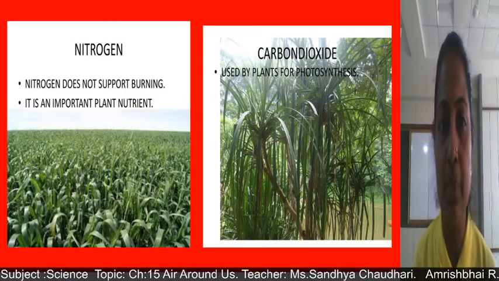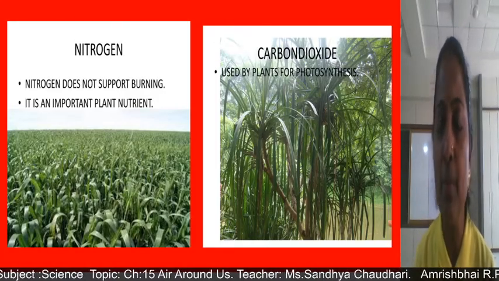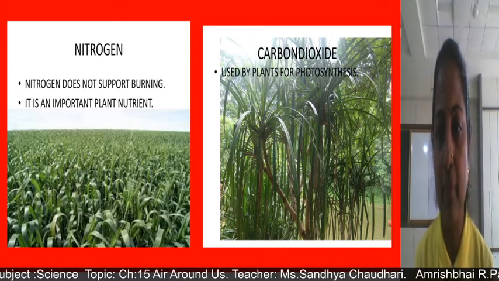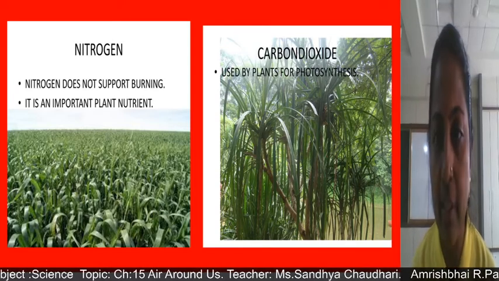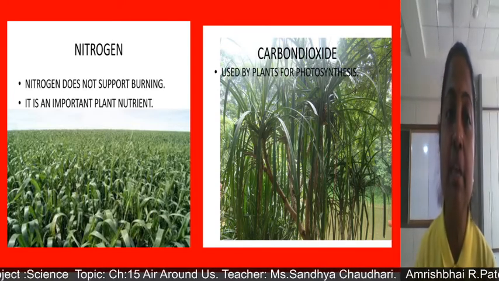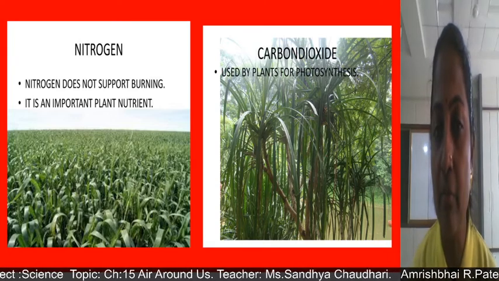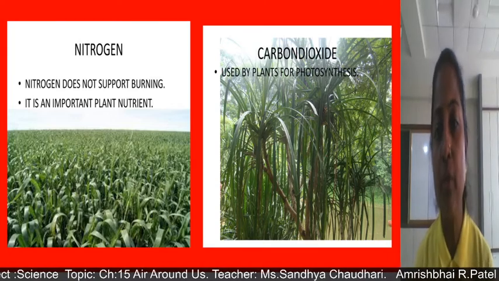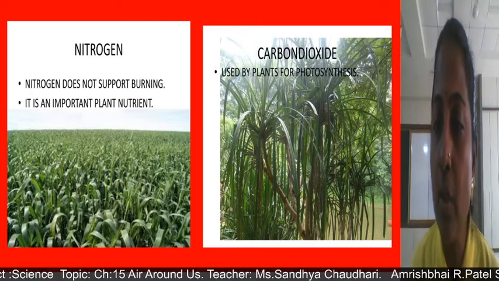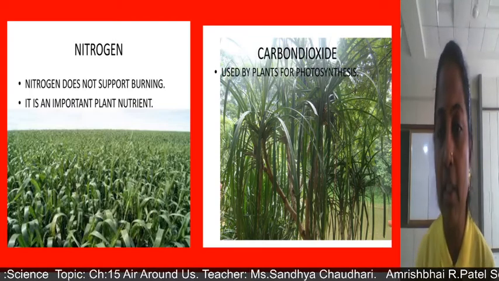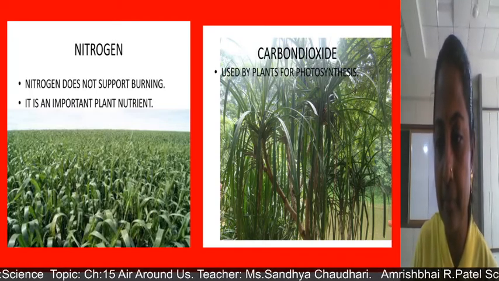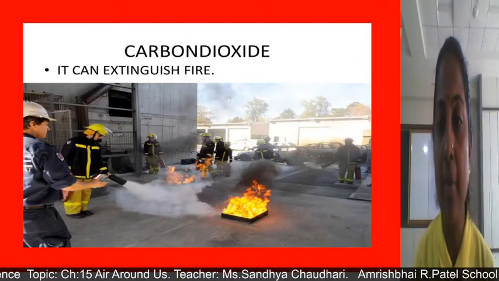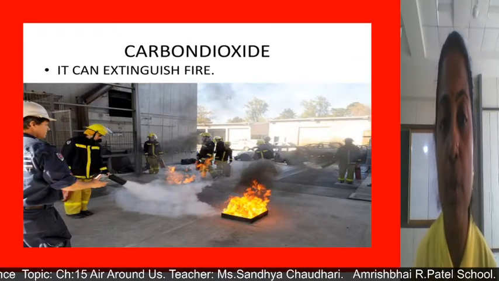Use of nitrogen: nitrogen does not support burning, you know it very well. Oxygen supports burning, right? But nitrogen is an important plant nutrient, children. So that is also very important. And carbon dioxide is used by the plants for photosynthesis, you know it very well. Carbon dioxide can extinguish fire also, children.